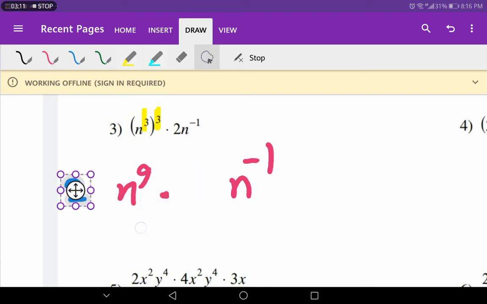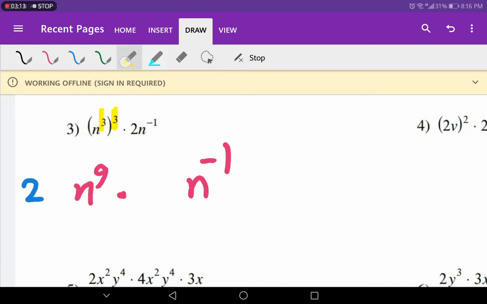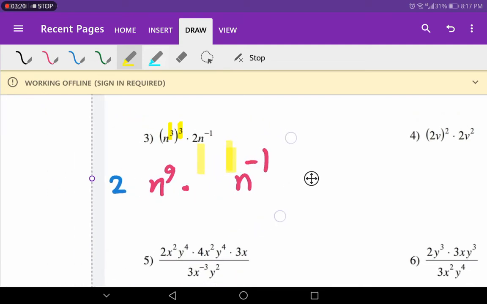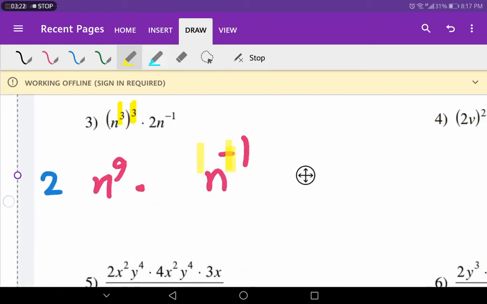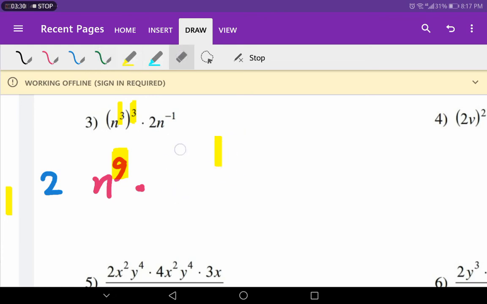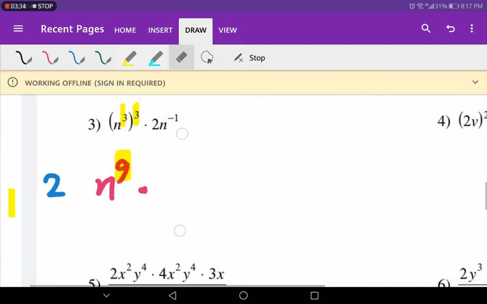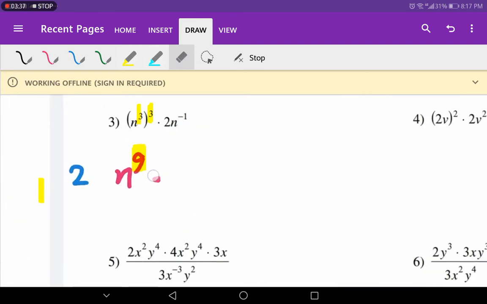It has no other coefficient to multiply, and the power here is negative. It is negative 1 and negative 9, so the answer will be n with power 8. Let me write it. Yes, it is 8. We're done.